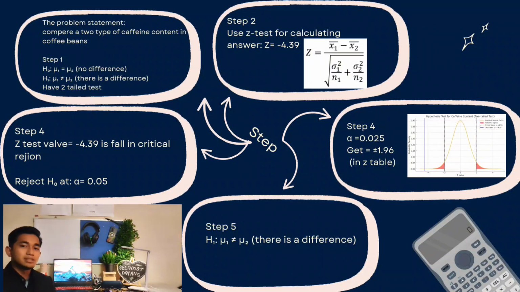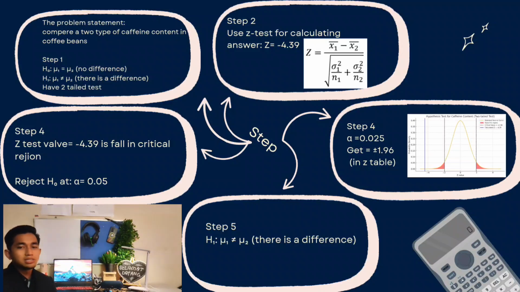Okay, next, for the data, type A has a mean of 150 mg and type B has a mean of 160 mg. We know the population standard deviation, so we use a Z test. After calculating the Z test, we get a value of negative 4.39, and the critical values are plus or minus 1.96.